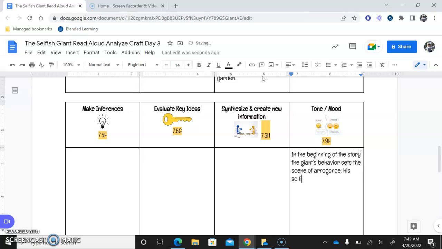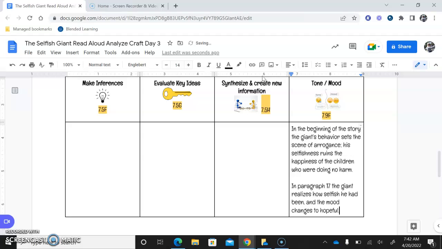His selfishness ruins the happiness of the children who were doing no harm. They just wanted to play in the garden. In paragraph 17, the giant realizes how selfish he had been, and the mood changes to hopeful. So that gives you a pretty good idea of the tone and mood of the story.